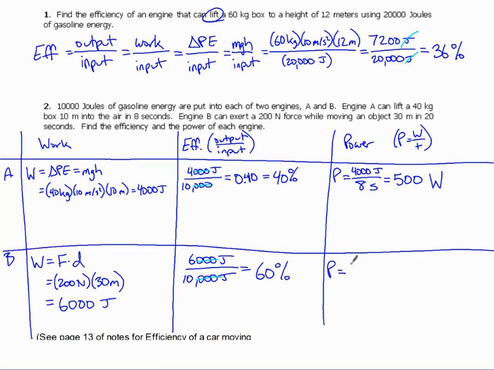And the power, so here's our work, 6,000 joules, and it takes 20 seconds. And so we have 300, and a joule per second is a watt, 300 watts.